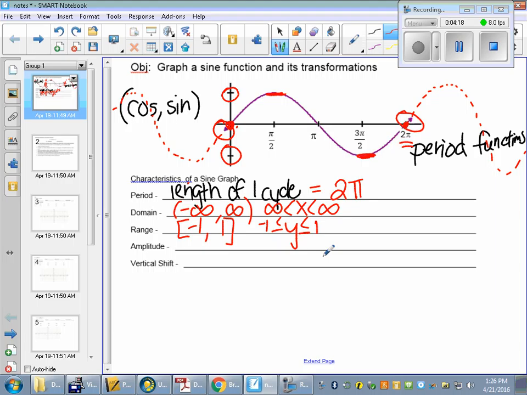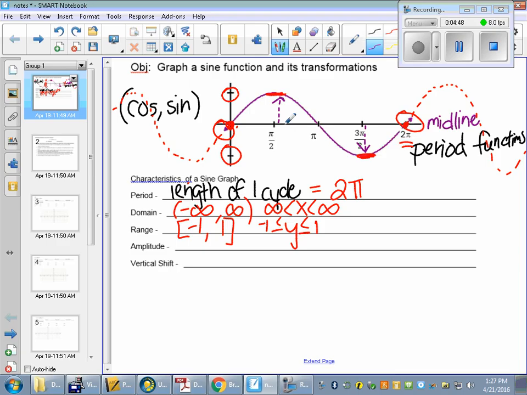All right, the next thing is amplitude. I said we're not applying vertical stretches and shrinks. We actually are. That's what amplitude does. Vertical stretches and shrinks affect the distance from the center of your graph, and we call this center our midline, all the way to the top, or to our maximum point, or to our lowest point.